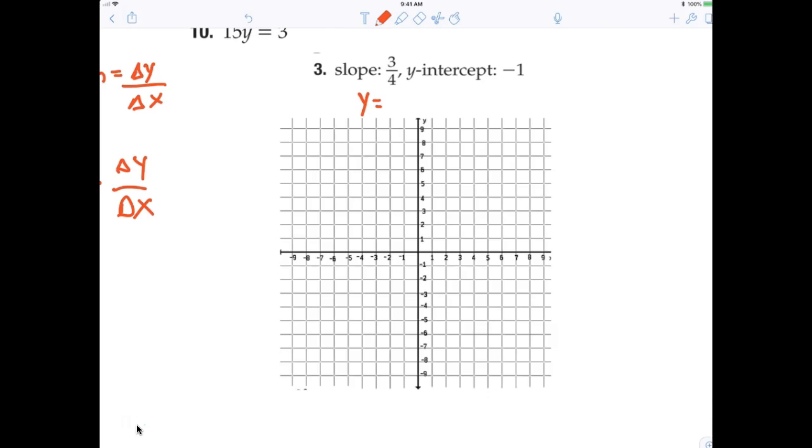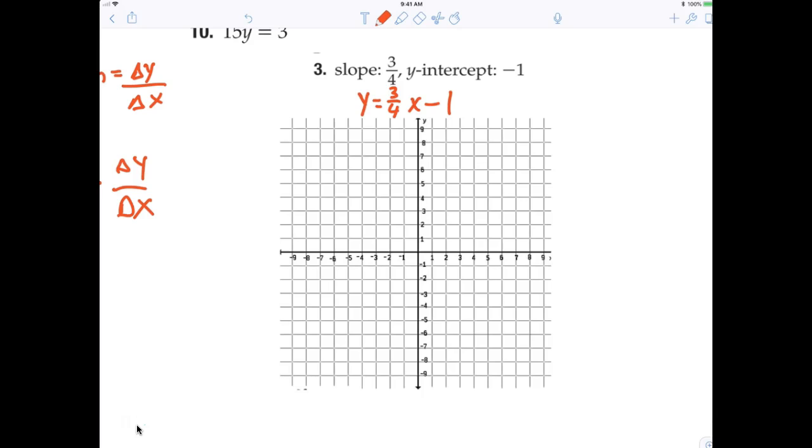Very good. So 3 over 4x. What's the y-intercept? Yes. And that's how hard that was. That's all there is to it. Anybody have any issues with that, writing the equation? Anybody?